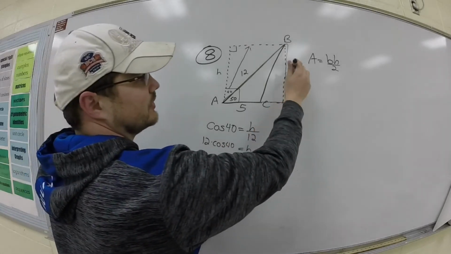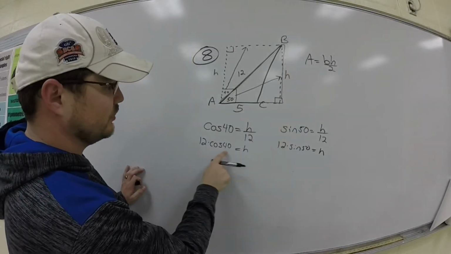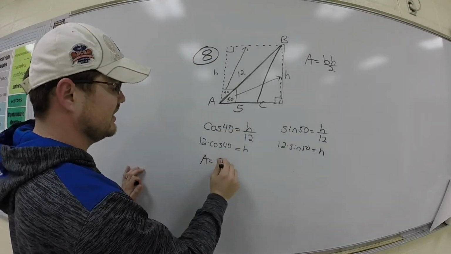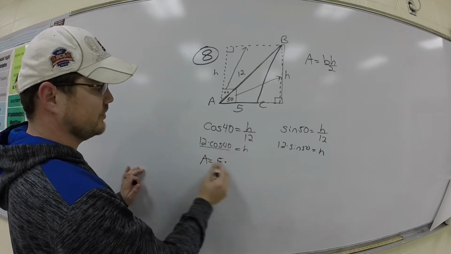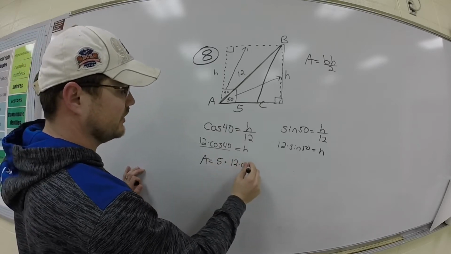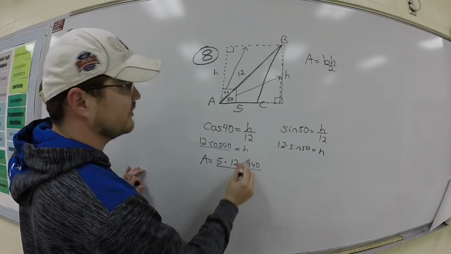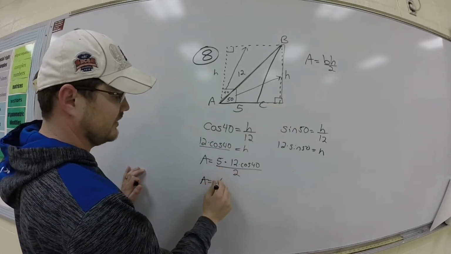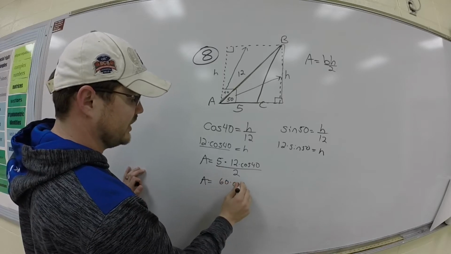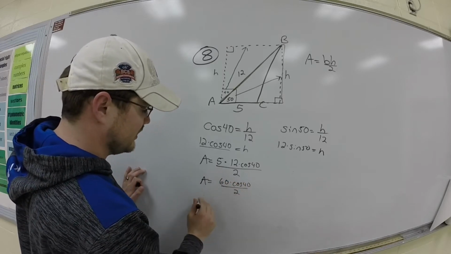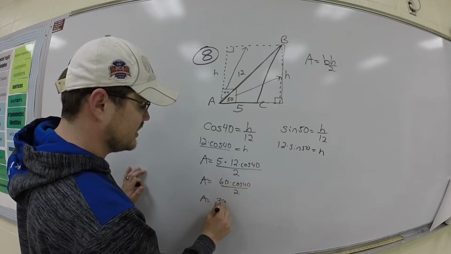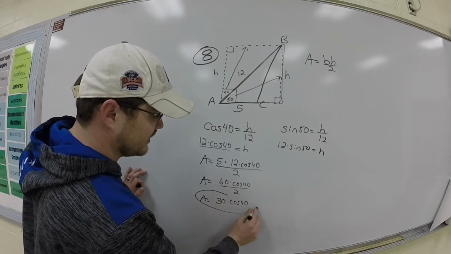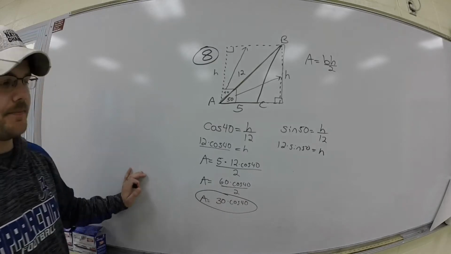Let's do this one. Okay, so using this one for height, area equals my base of 5 times my height of 12 times cosine 40, and dividing by 2, that's going to give me 60 cosine 40 divided by 2. That's going to give me 30 cosine 40 for one of my answers for area.